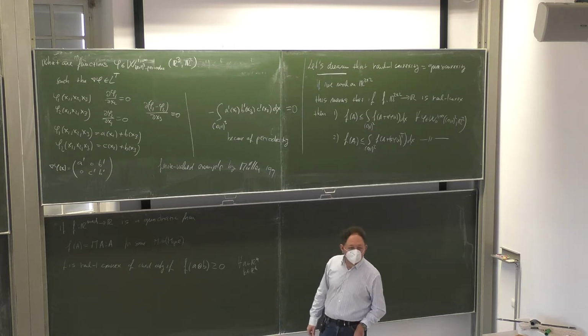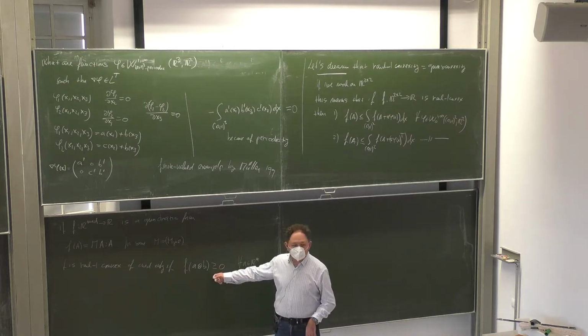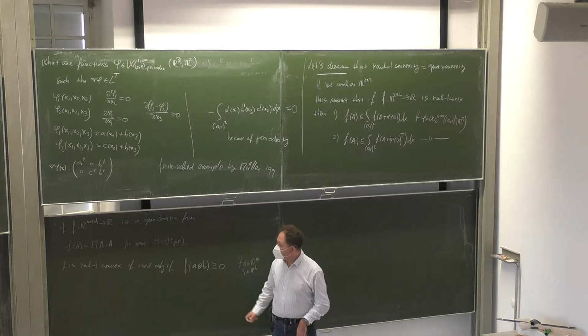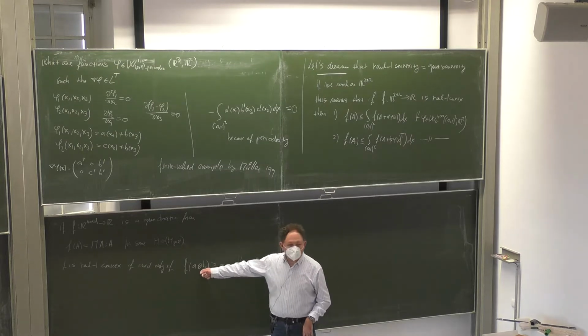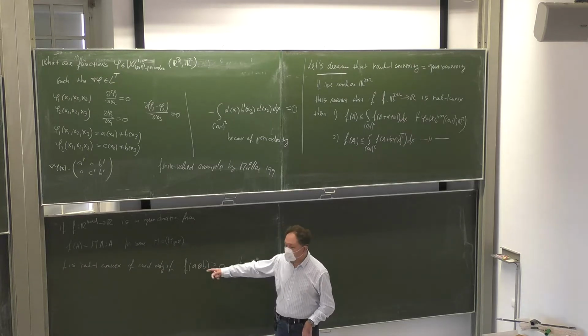So that's easy. You just put the rank 1 matrix and you have to check that this is positive on the rank 1 matrices. If we ask about convexity, then there would be a general matrix here, which means the quadratic form has to be non-negative. This would be the condition for convexity. But here it is enough that it's like that.